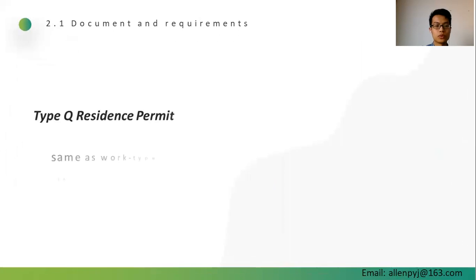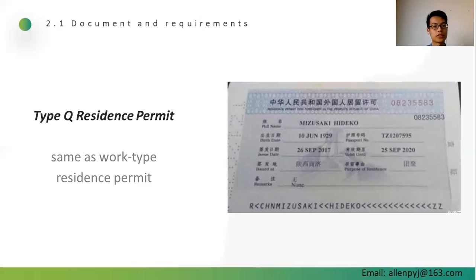The next one will be the Type Q residence permit. It's basically the same as the work type residence permit. After they have the work visa and enter China, they can do the medical check with you together in the quarantine center, and then apply for the Type Q residence permit at the exit-entry office.